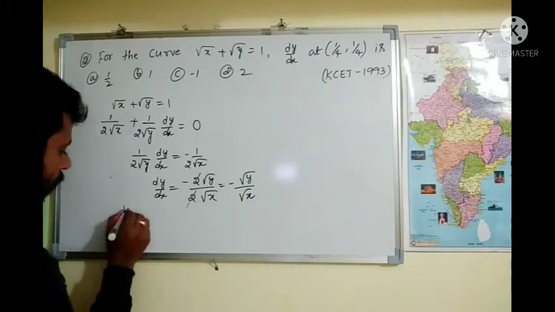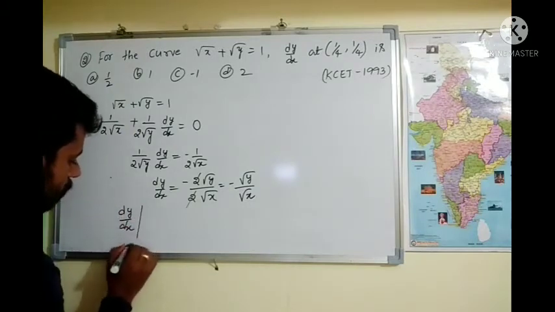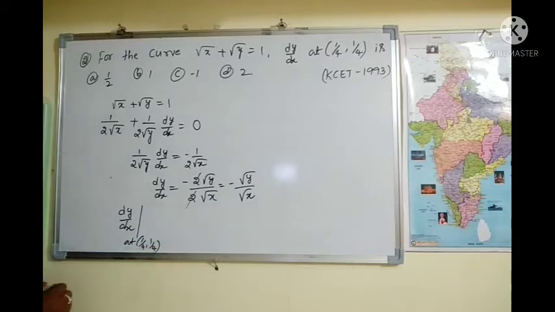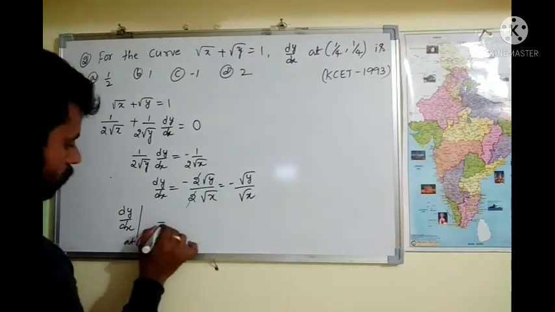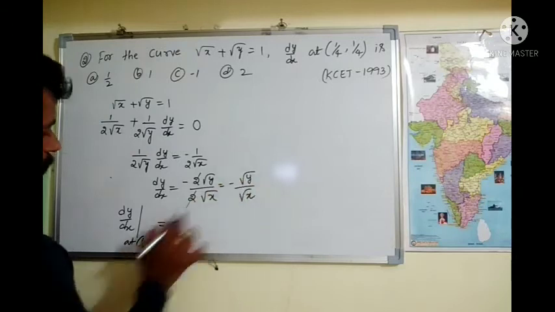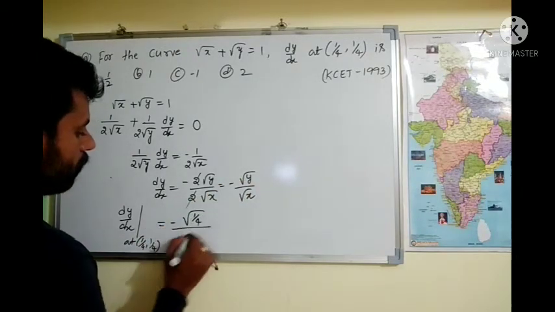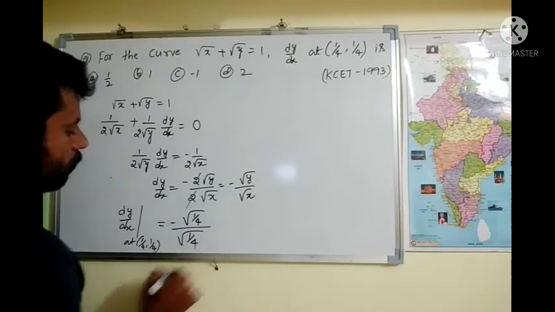Now we have to find dy by dx at 1 by 4 comma 1 by 4, meaning x is 1 by 4 and y is 1 by 4. We have the numerator minus root of 1 by 4 divided by root of 1 by 4.